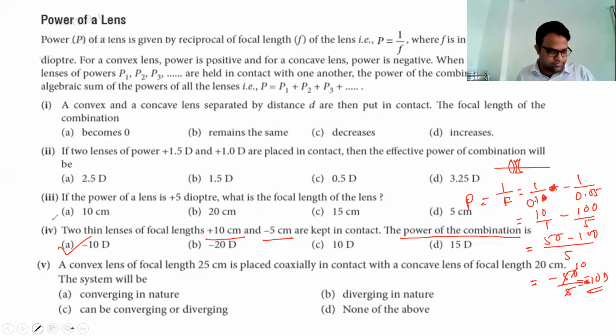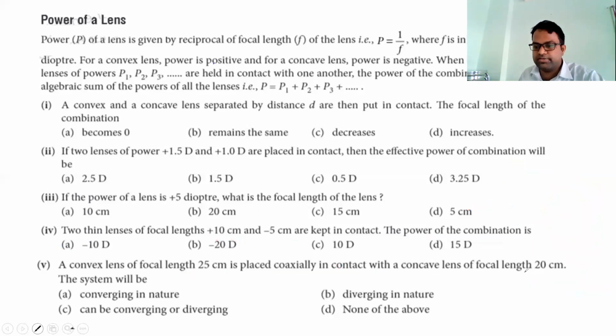Then this is the fourth one. Now fifth one, last one. A convex lens of focal length 25 centimeter is coaxially placed in contact with a concave lens of focal length 20 centimeter. Then the system is converging or diverging? So first let us calculate the power. If power is negative, it will be a concave type, then it will be a diverging one.